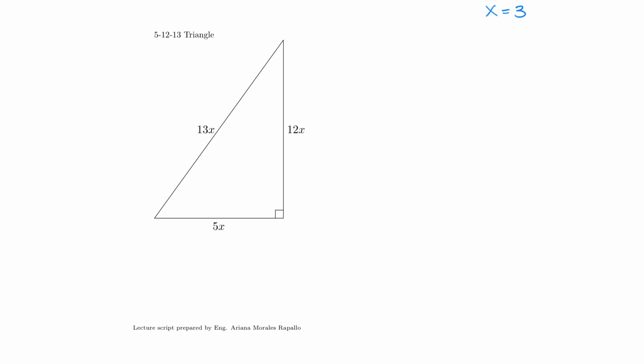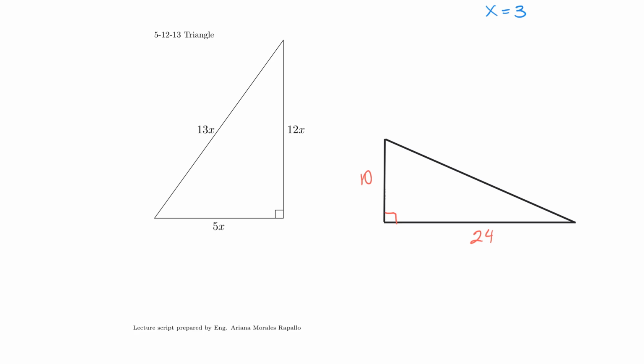Let's say that we have a triangle that looks like this, where the right angle is right here, and we are told that this side is 24 and this side is 10. If we look closely, 24 and 10 can be reduced to the 5, 12, 13 triangle. How?